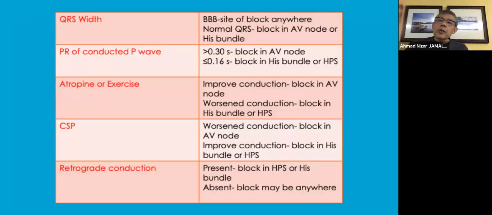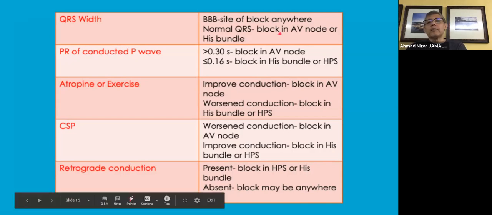So these are other ways of determining where the block is, right? Now, if the QRS is wide, there is bundle branch block. But with bundle branch block, you can't tell whether it is infrahisian or actually AV node, so it doesn't help. But if you have a normal QRS, the block is usually in the AV node or the His bundle. It can be both. So QRS width doesn't help you very much.